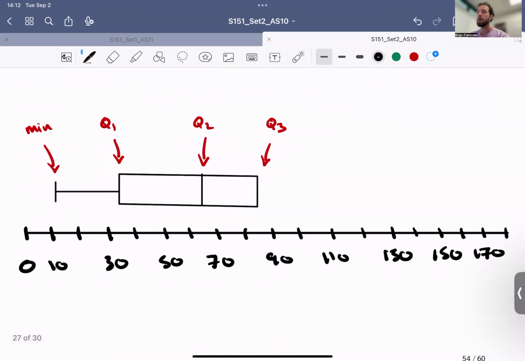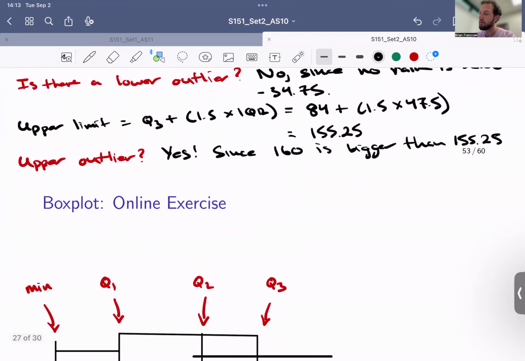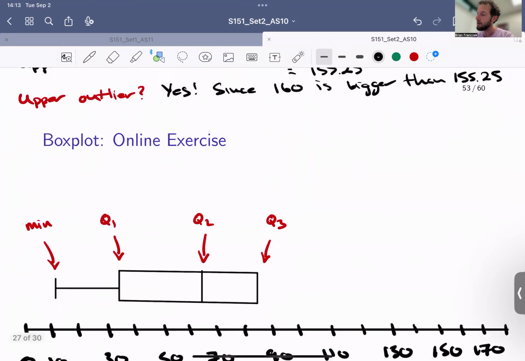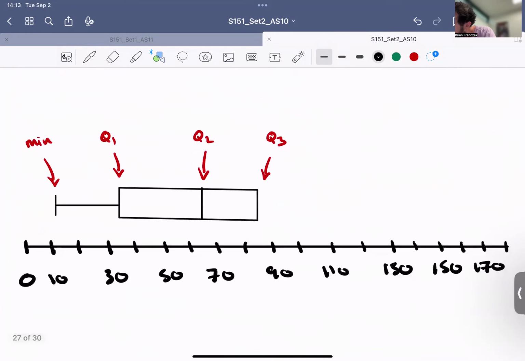Now, because we have an outlier on the upper half, the way that we treat the upper part of the data set is different from how we treated the lower part. What we're going to do first, because we identified an outlier, is mark down the upper limit value directly. So my dash line here is going to be at 155.25, which is, let's say, right about here.